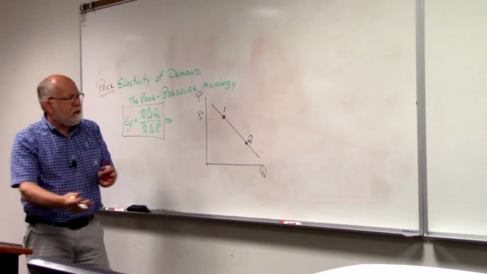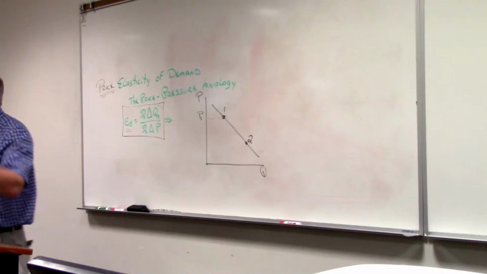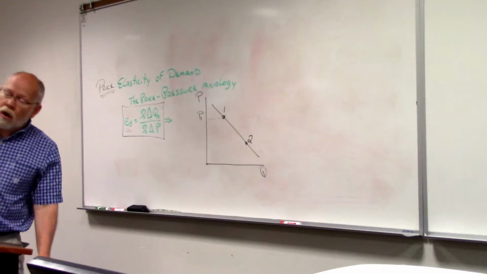It doesn't matter if you make this one point 2 and this one point 1. The important thing is you call one of them point 1 and you call the other point 2.